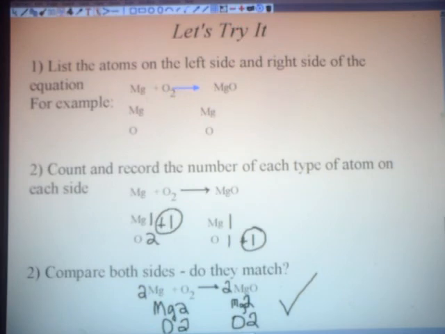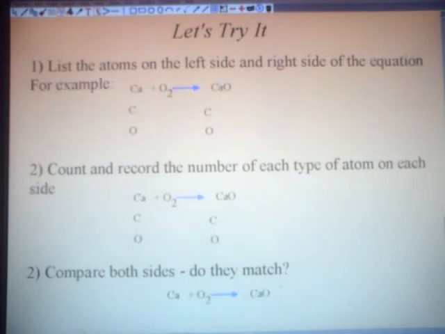Let's try another one. The second example, they've already written down the atoms on each side, so let's count.